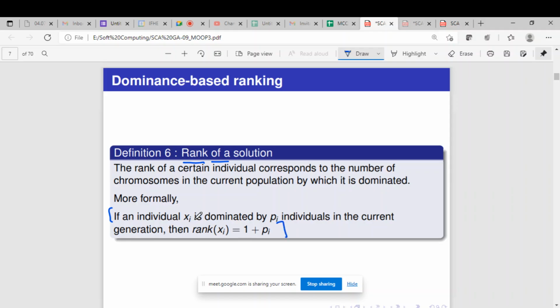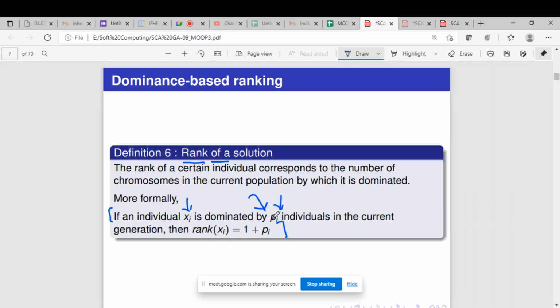For an individual xi, if xi is dominated by pi individuals in the current generation, then the rank of xi will be equal to 1 plus pi. I think it's a very simple definition. There is a solution xi, and this solution is dominated by another pi solutions.